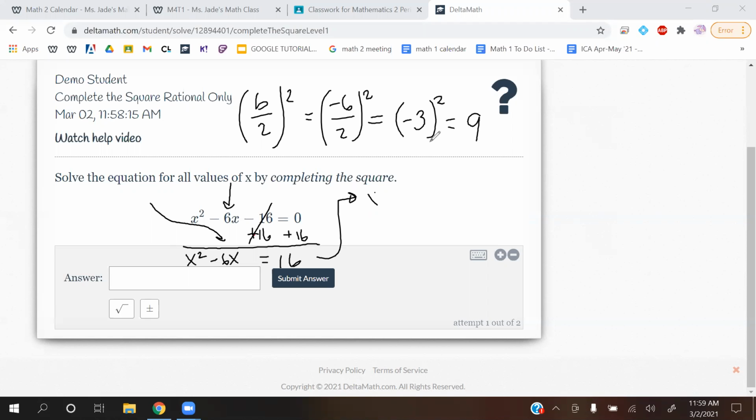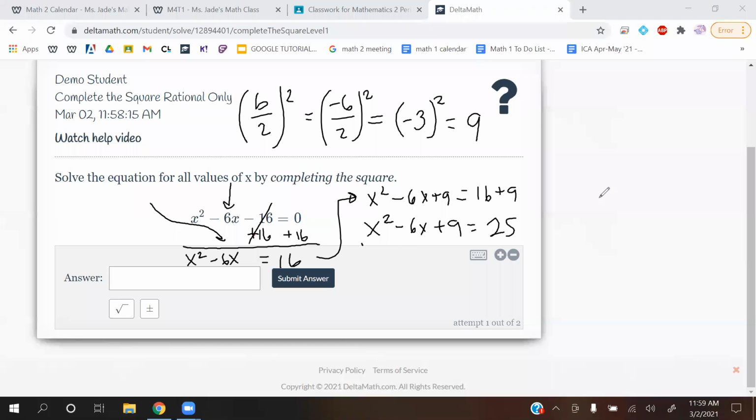Let's do that. x squared minus 6x plus 9 is equal to 16 plus 9. So we add 9 to both sides. Let's rewrite it. 16 plus 9 is 25. And then any questions up till here? Okay, so we are going to rewrite this piece as x plus b over 2 squared.